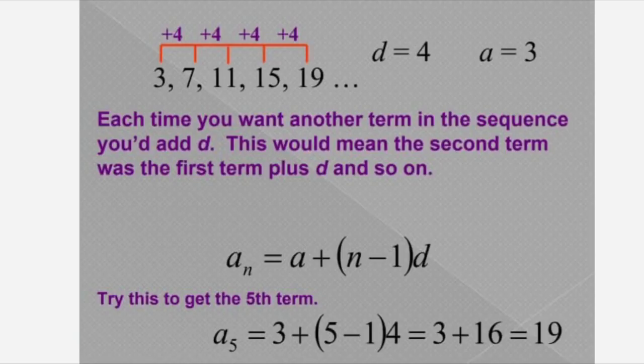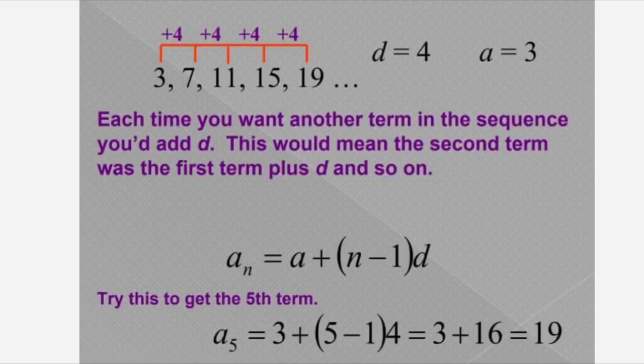Now on the right hand side we have A plus n minus 1 into D. What is A? A is 3 plus n is 5. 5 minus 1 into D is 4. So this is 3 plus 4 into 4, 16, which is 19. We can cross check this. The fifth term given to us is 19. And here we have calculated the fifth term using the formula.